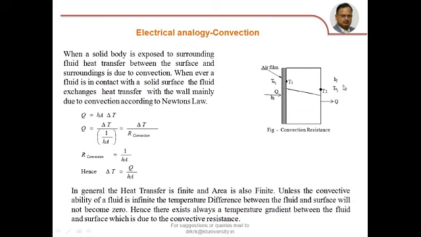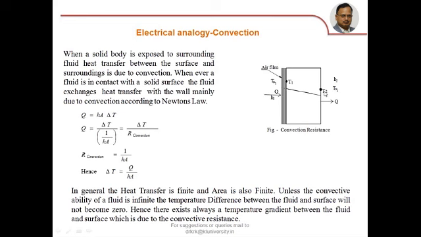Infinite value of H is impossible, which indicates that by virtue of the temperature difference between surroundings and the surface, there always exists some kind of resistance for the heat to enter from environment to the surface of the wall. So that resistance offered at the surface for heat transfer is known as convection resistance.